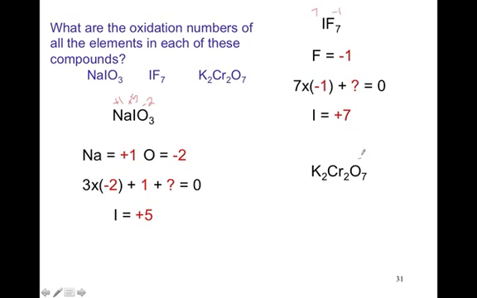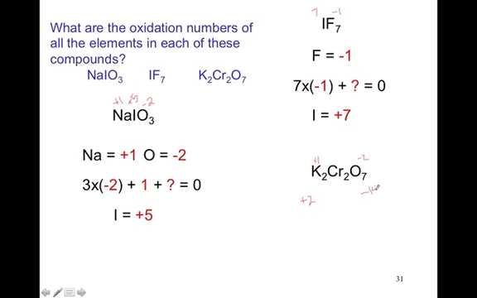Oxygen, -2. Okay. Potassium is in that first group, +1. So now we've got a -14 and a +2 because there's 2 potassiums. So +2, -14.